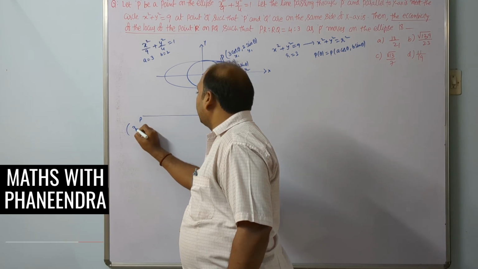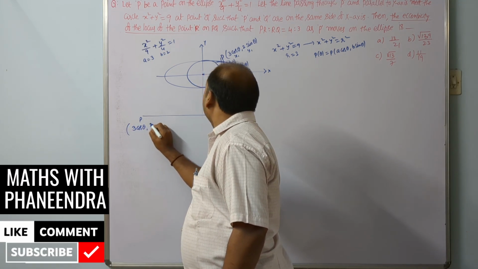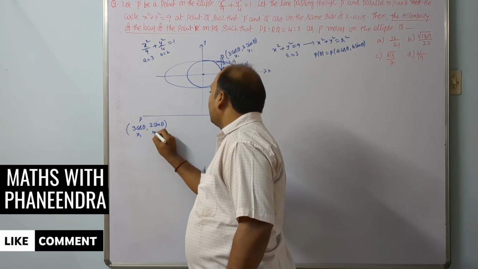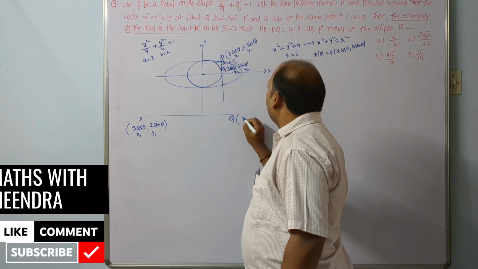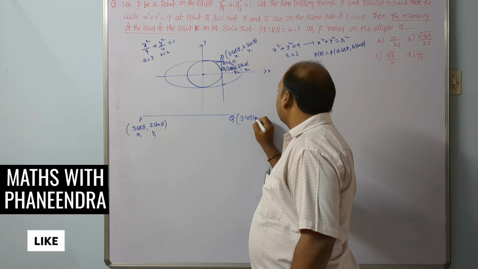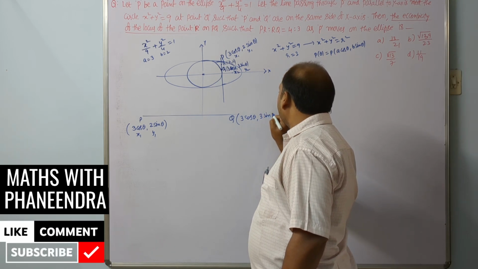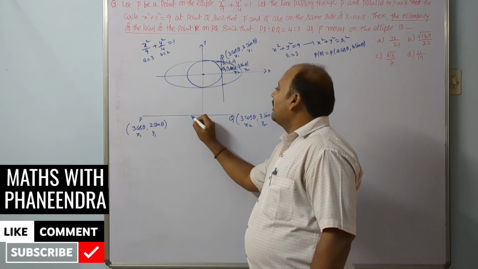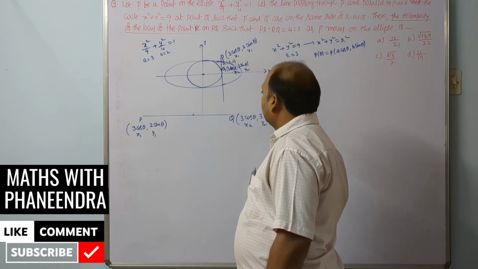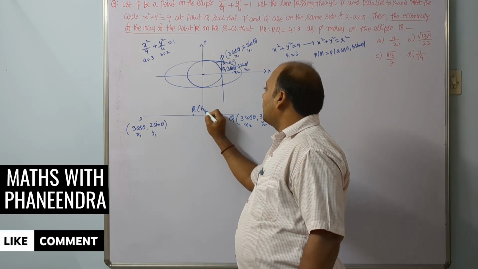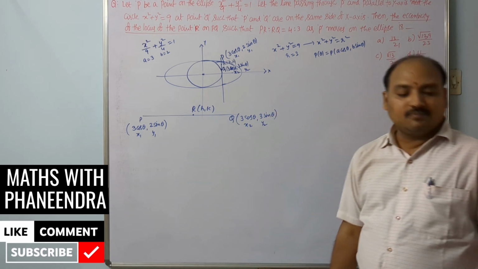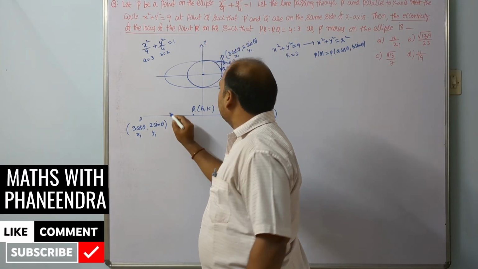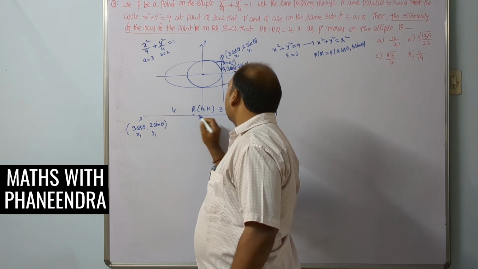P is 3 cos theta, comma 2 sin theta, x1, y1; Q is 3 cos theta, comma 3 sin theta, x2, y2. Here R of h comma k is in the ratio of 4 is to 3. PR ratio is 4, RQ ratio is 3.